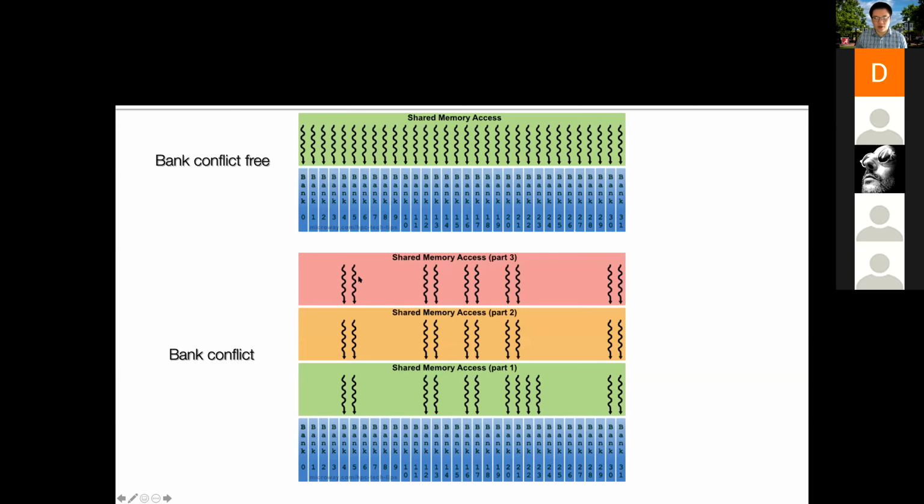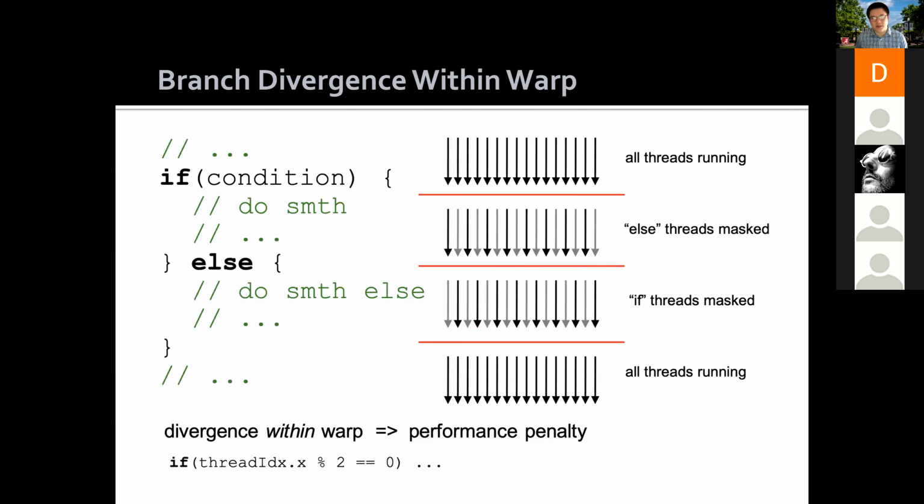But if you have 3 groups of threads, and each group tries to access the same bank in the shared memory, then the access would be sequential. That's exactly similar to warp divergence. You can think about how many principal designs in the GPU are very similar, right? They try to access different locations to maximize parallelism. But if they try to access the same location, there will be sequential execution. So similar to the warp divergence, right?